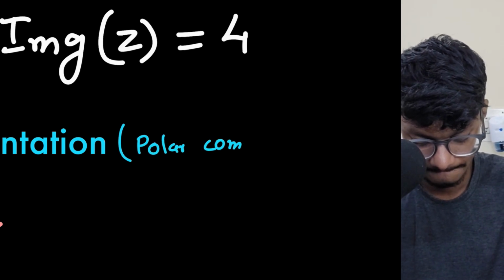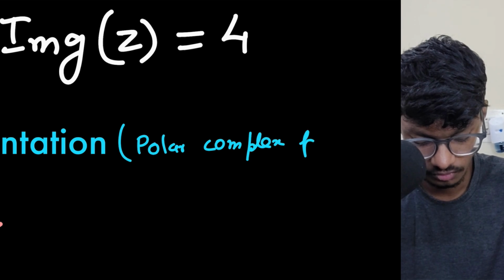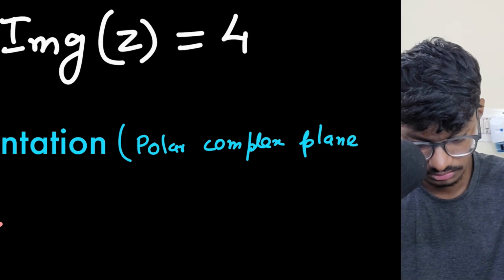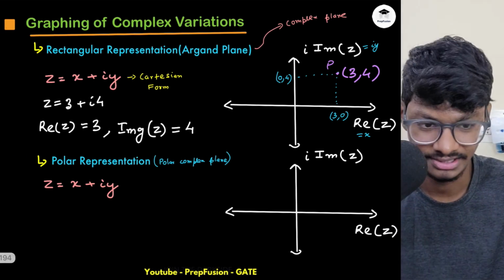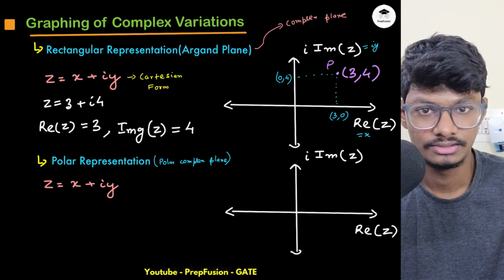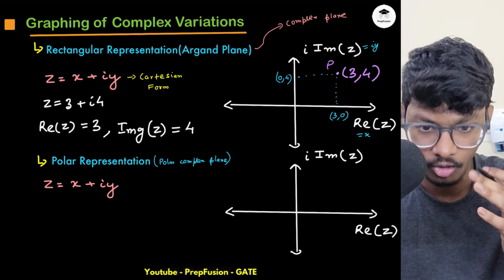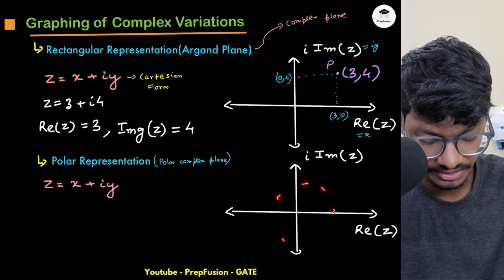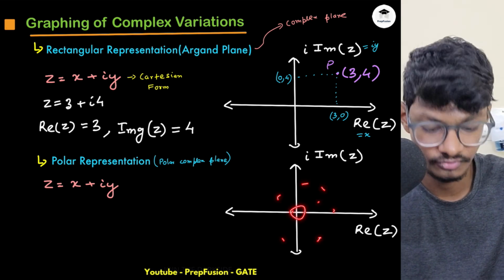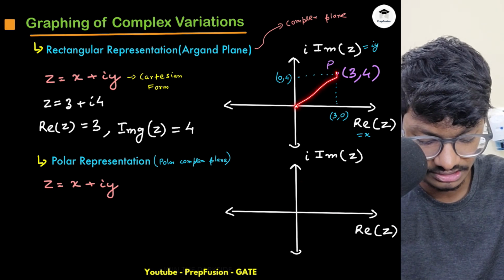Polar complex plane. So how do you represent it? Just a simple thing: it is r and theta. So the polar complex plane is basically r and theta. I approximate a circle and find the distance from the origin where that point lies. So what is the distance from the origin of this point?